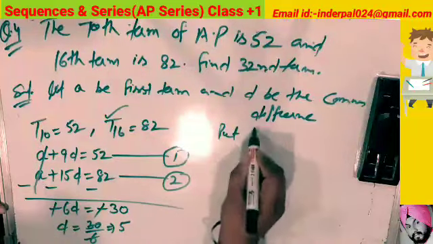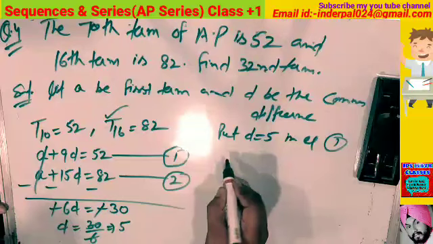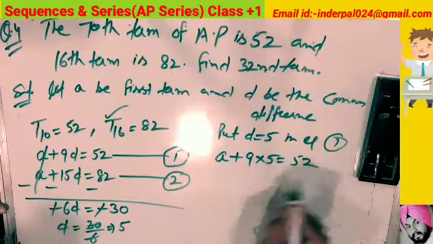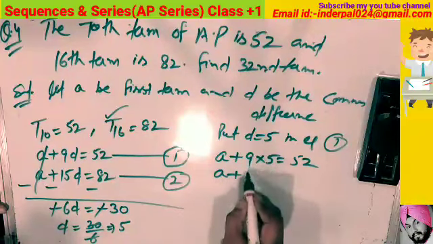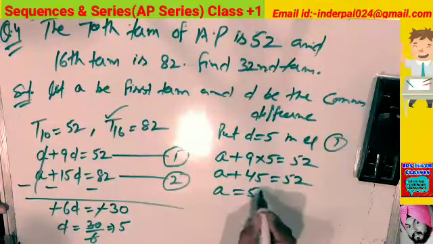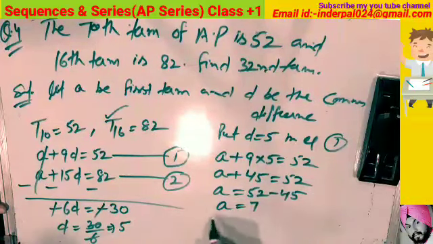Put D equal to 5 in equation number first. A plus 9 into 5, that is 45, equal to 52. A will be 52 minus 45. A is equal to 7.